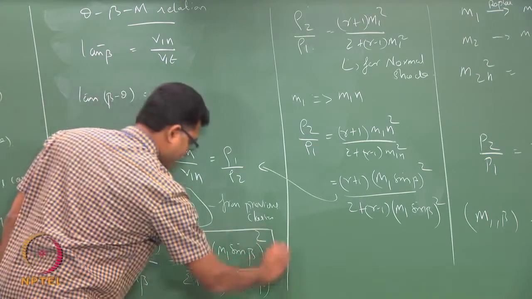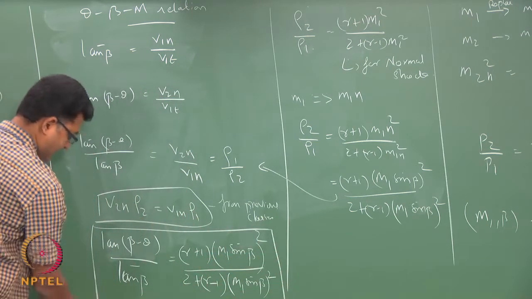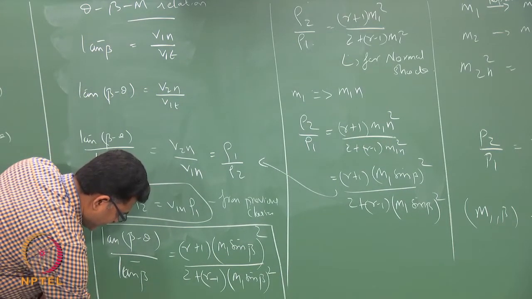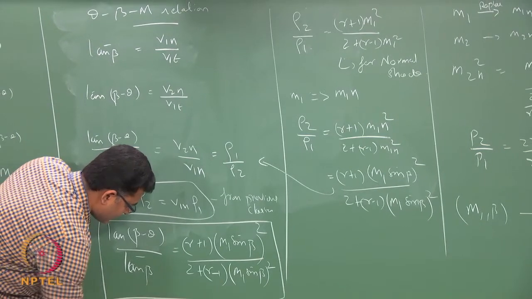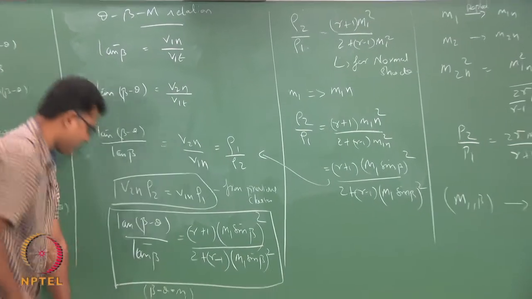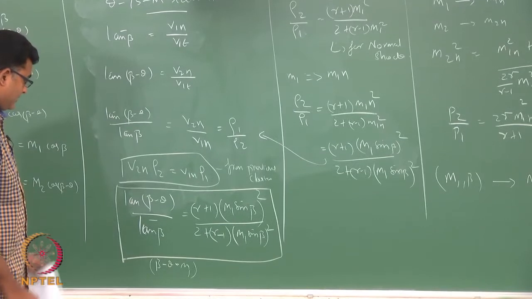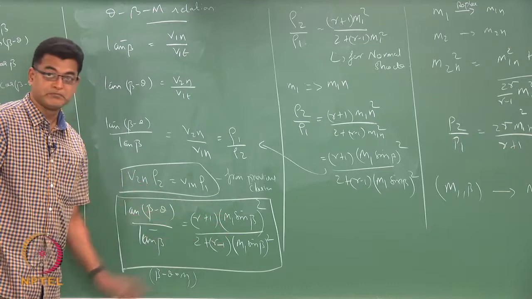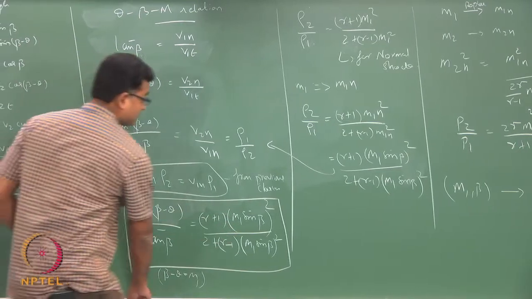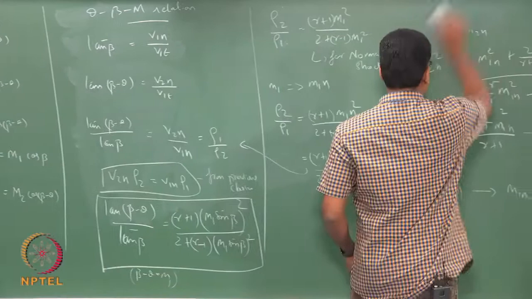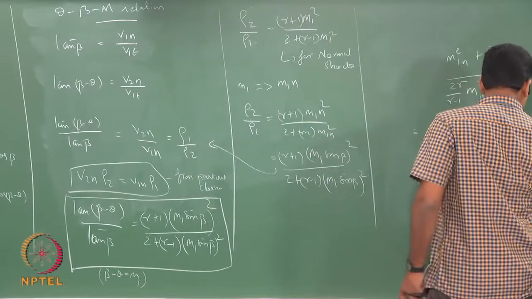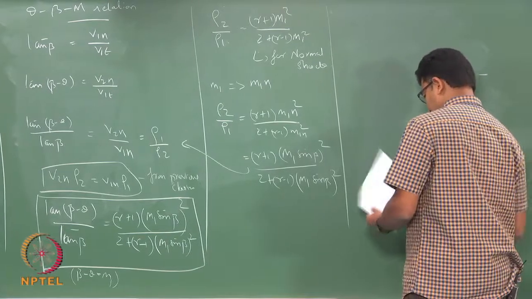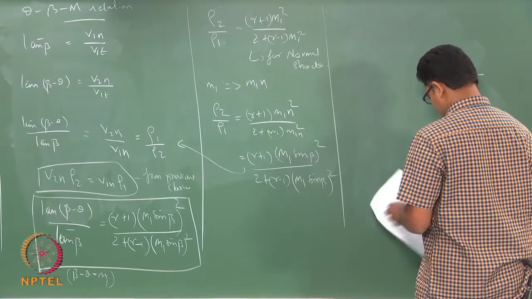So, we will reduce this equation. This equation is a relation between theta, beta and m1. In this equation it is just beta, theta, gamma and m. There is nothing that is extra. So, I can reduce that equation.